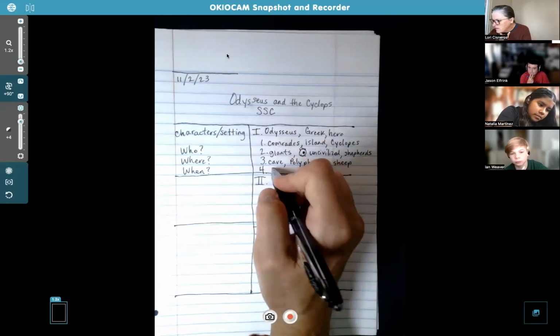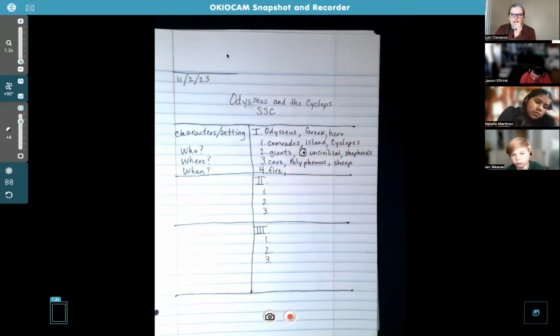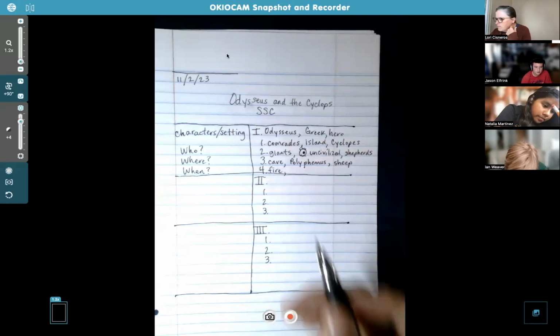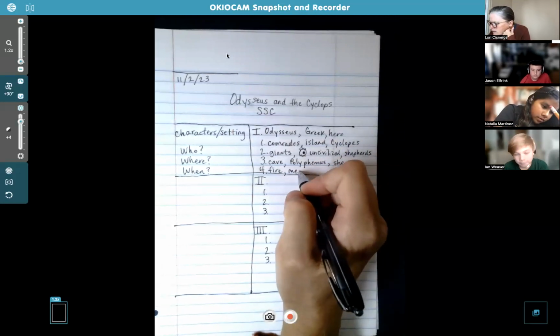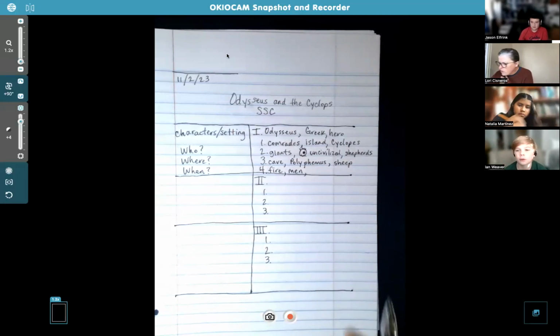Then when he builds that fire, it creates a light in the cave, right? And that's when he notices the men. He builds the fire and then he sees them in the corner. Remember that part? He sees the men. Let's put men here. That is Odysseus and his comrades in the corner.